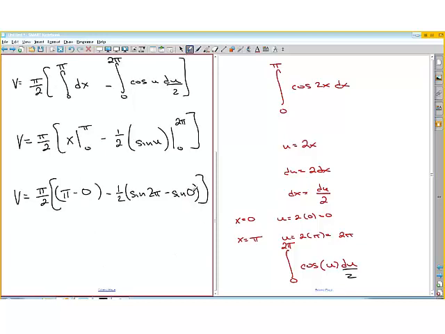But the sine of 0 is 0, and the sine of 2 pi is 0. If you don't believe me, stick it in your calculator. So this whole thing goes to 0. You have 0 minus 0, which is 0. So all we have left is pi here. So the final answer is going to be pi times pi, which is pi squared, divided by 2. And this is problem 33, and the answer is pi squared over 2. So that's correct.